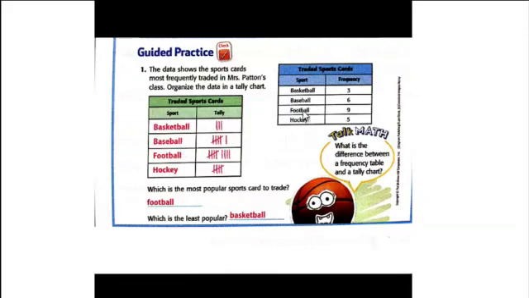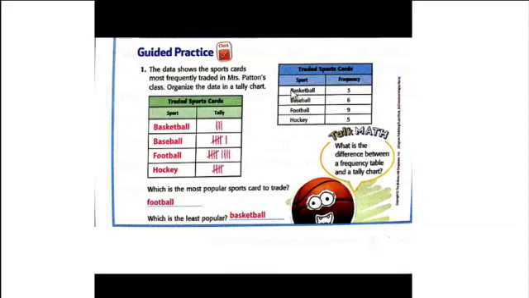Third sport, football, so right here football. Fourth sport is hockey, so right here hockey. And here the second column is called tally marks. Use this frequency in front of each sport and write it here as the number of tally marks.